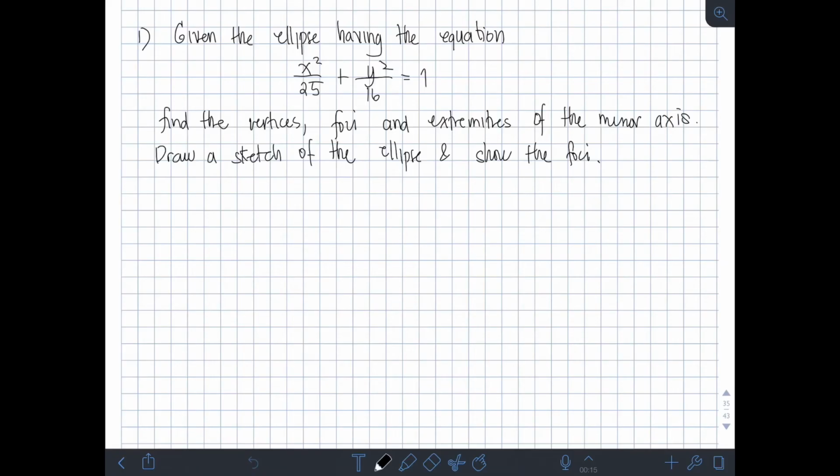So, para ma-illustrate natin yung concepts at formula na dinerive natin for the equation of the ellipse, mag-solve tayo ng examples. So, given the ellipse having the equation x squared over 25 plus y squared over 16 equals 1, find the vertices, foci, and extremities of the minor axis. Draw a sketch of the ellipse and show the foci.